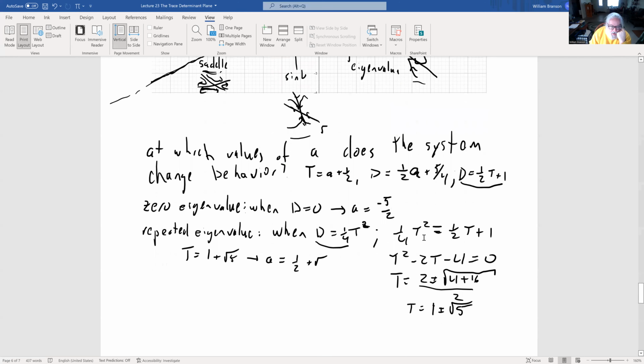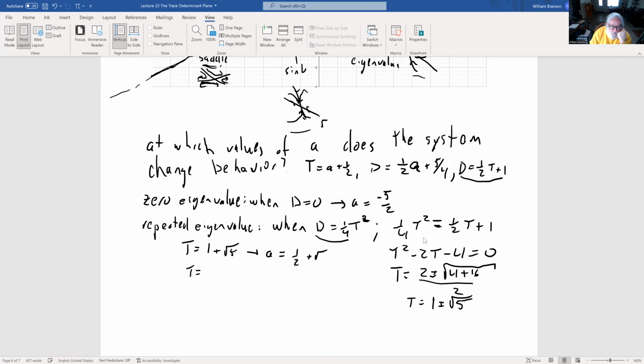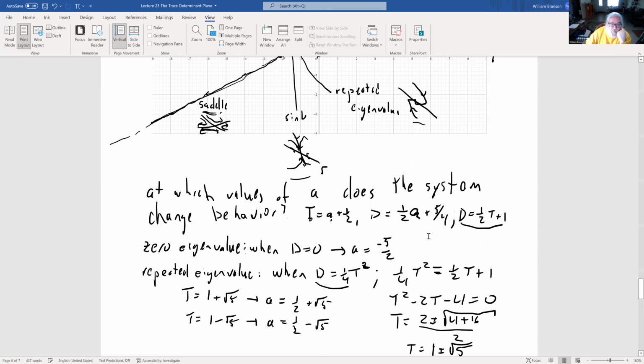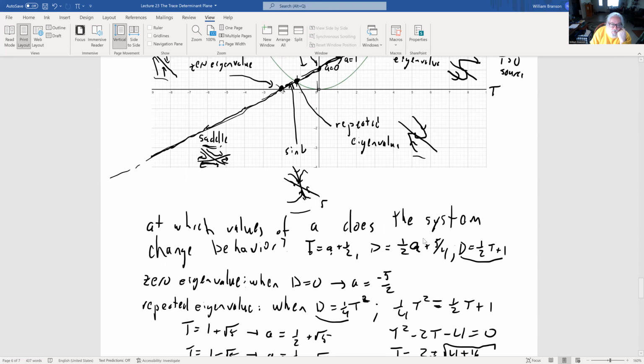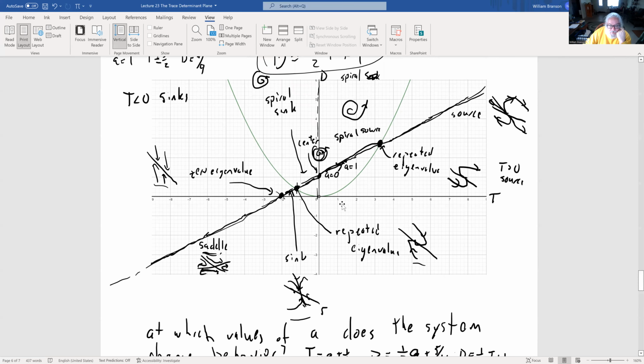And when t equals 1 minus square root of 5, that tells me that a must be, right? If we know what t is, we can figure out what a is. 1/2 minus square root of 5, and that gives you this point. Great. And the last transition is where we have the center.